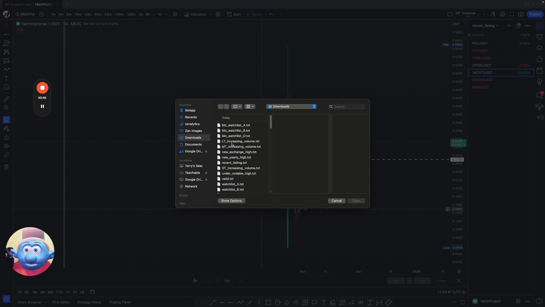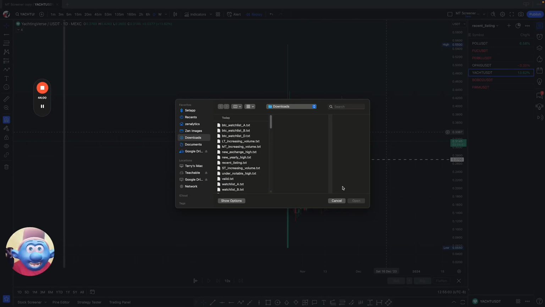I don't typically buy assets just because they're increasing in volume. Usually, I'll have my assets that I'm looking at on different watch lists, and I'll flag them.